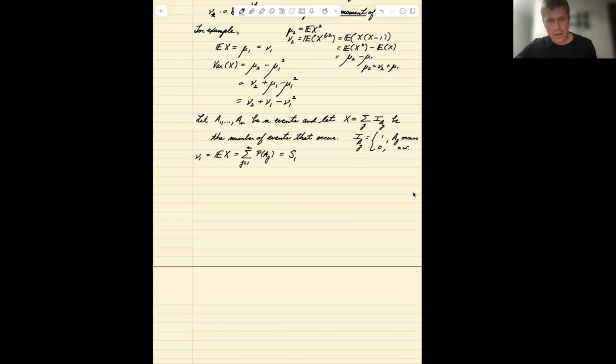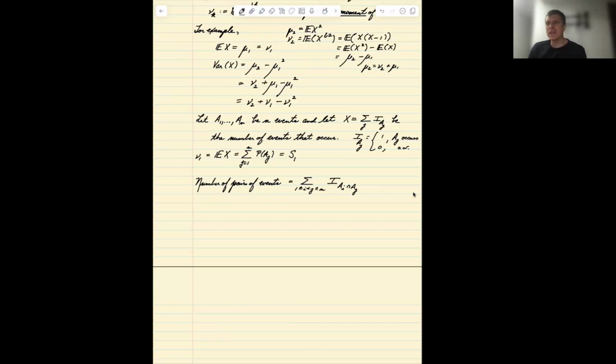How about the number of pairs of events to occur? The number of pairs of events is the sum over pairs of the indicator of Ai intersect Aj.